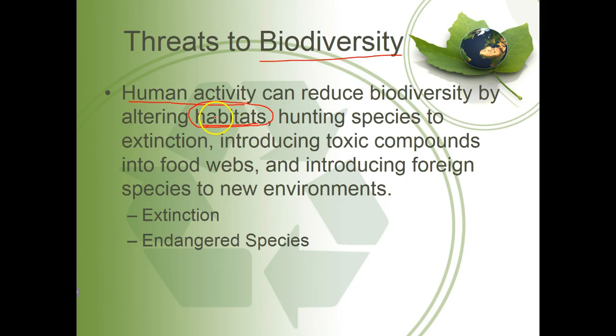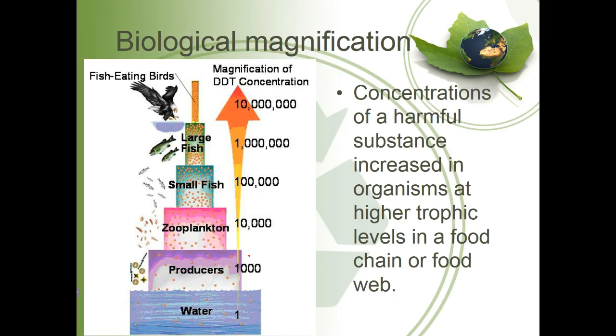The more we grow into environments and the more we produce chemical-wise or energy-wise, we're going to introduce more and more toxic compounds into food webs. Introducing foreign species, that is invasive species, and that happens all the time. Okay. Those species could go extinct, and endangered species as well.